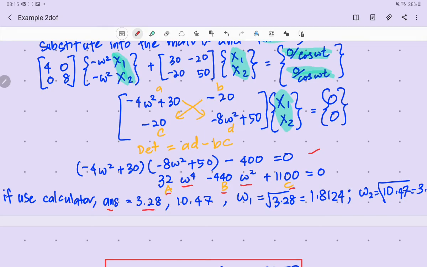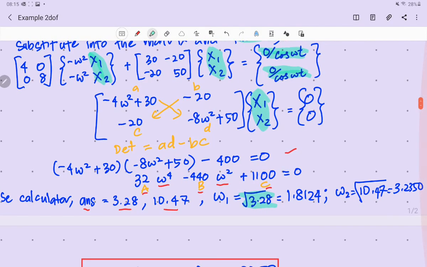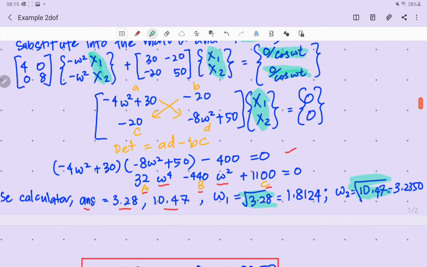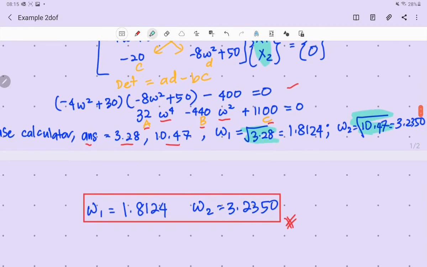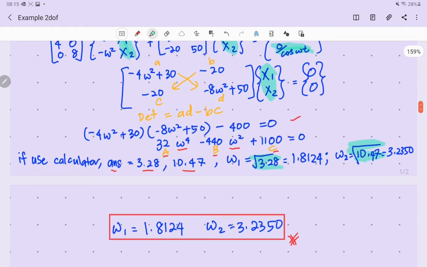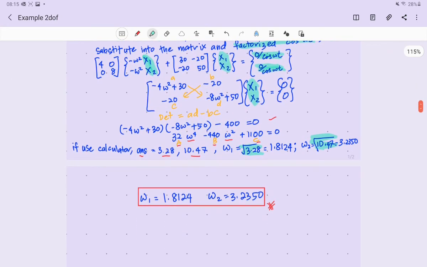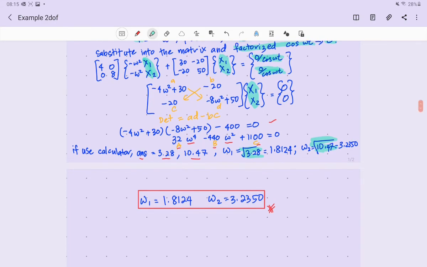Don't forget, these 2 answers are basically the square of omega. So you need to take the square root to get omega. So do the same thing, and then you get the final answers: 1.8124 and 3.2350.